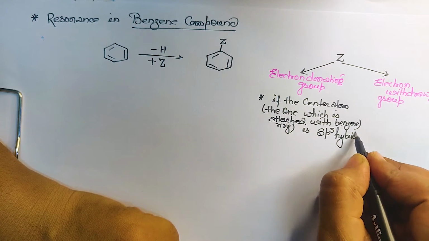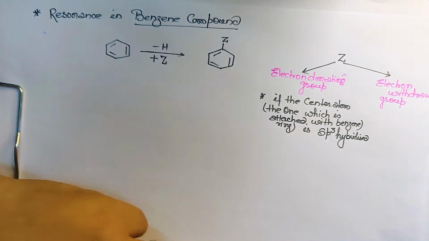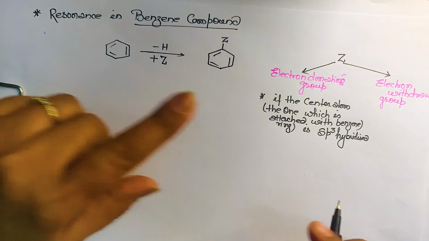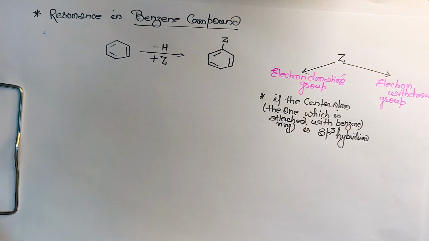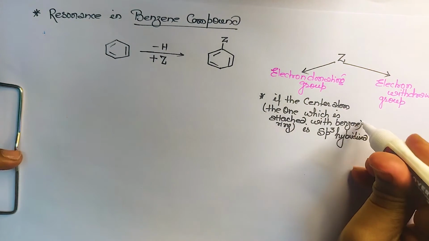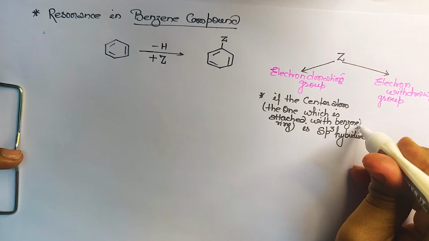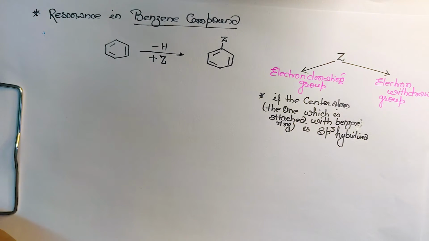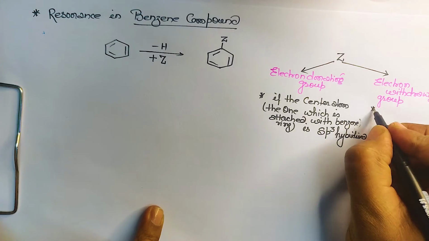Clear बच्चे? I'm making it so easy for learning. The center atom, that means the one attached with the benzene ring, is sp3 hybridized, it will be an electron donating group. समझ में आई बात? And for sp3 hybridization, we know that it should have either 4 single bonds or a combination of single bonds and lone pairs totaling 4. Clear? Examples we will do at last afterward.